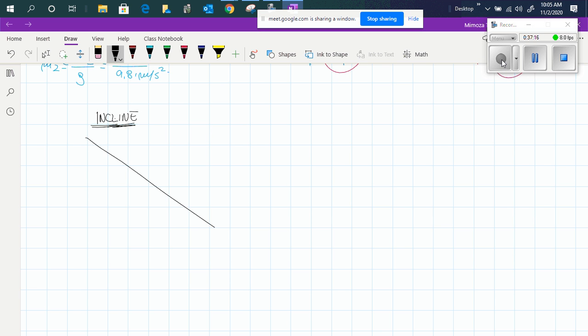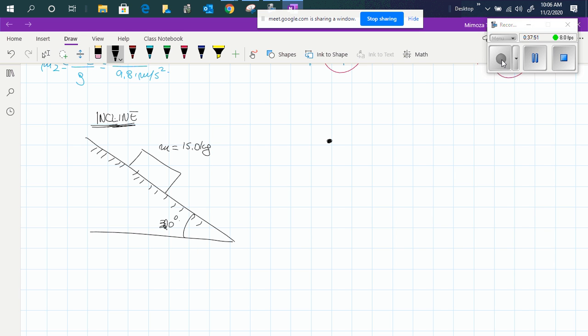So if we have an incline that is creating a certain angle with the horizontal, this being the situational diagram, and we have an object with mass, let's say 15 kilograms, and the incline is creating an angle of 30 degrees with the horizontal.